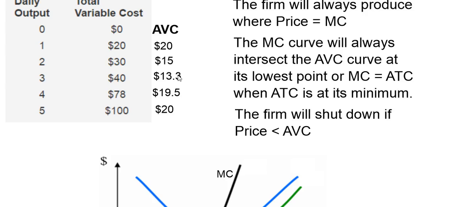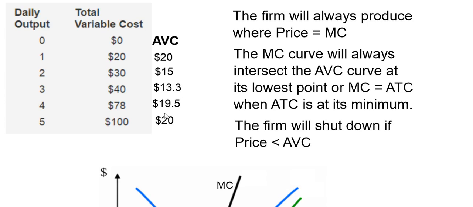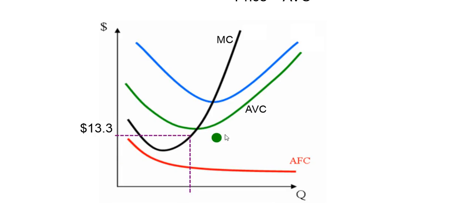So we know that they're only going to shut down if the marginal cost is below this. And in order for the marginal cost to be below 13.3, then the price has to be below 13.3. Okay, so the firm will shut down only if we're down here somewhere.